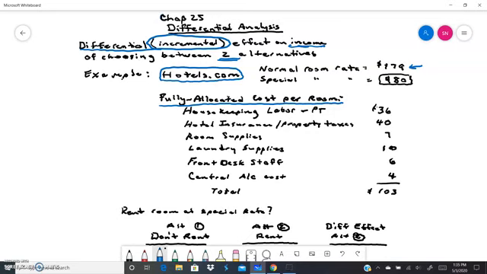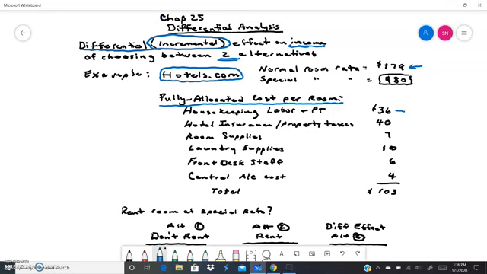So if you're not going to rent the room, then you would not employ the housekeeping services. You would not have to pay that labor cost. It's either there when you need it, but you don't have to pay for it if it's not there. So that's $36.